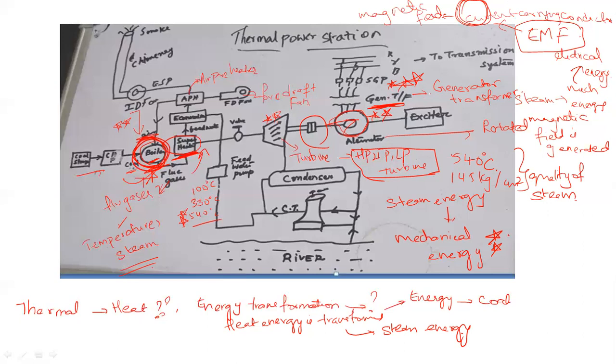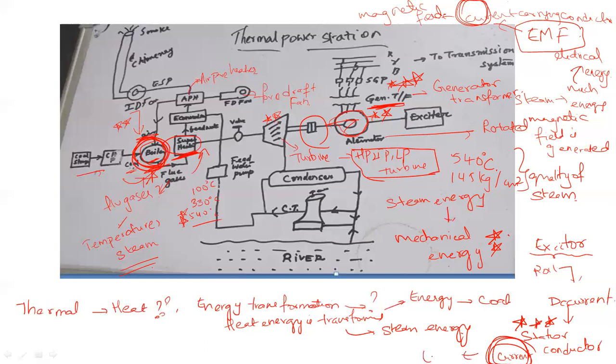The stator conductors will get the current from the external source called the exciter as shown in the figure. That means we have to roll the exciter and produce the DC current. This DC current is given and the formula of Faraday's law will fit. When current carrying conductors are placed in a rotating magnetic field, they will produce the EMF across the stator conductor.